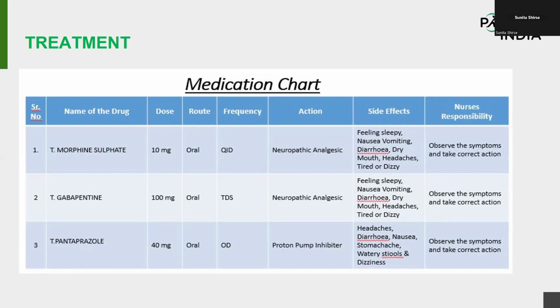Next, pantoprazole 40 mg oral OD, proton pump inhibitor. Its side effects are headache, diarrhea, nausea, stomatitis, stomachache, watery stool, and dizziness. Nurse's responsibility is to observe the symptoms and take correct action.